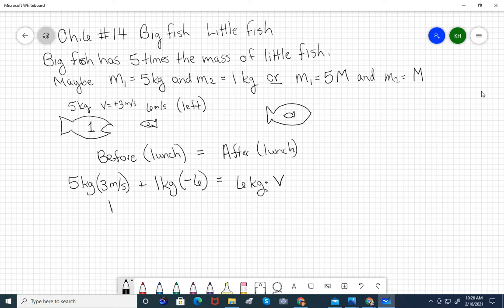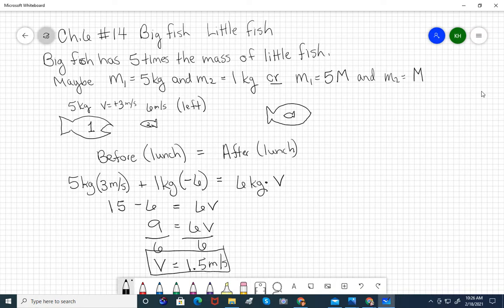Well, this is 15 minus 6 equals 6 times v. That gives me 9 equals 6v. So I have to divide by 6. This is like algebra 1. And I see that my speed is 1.5 meters per second.